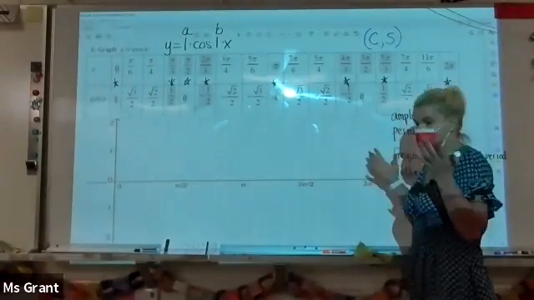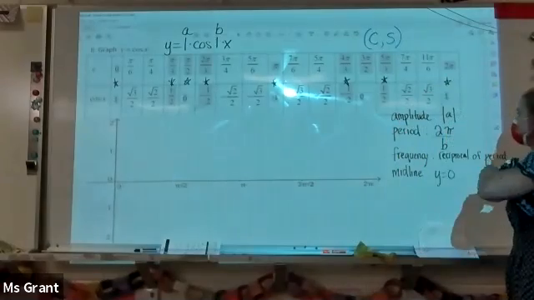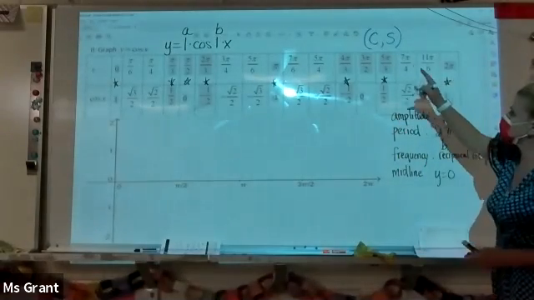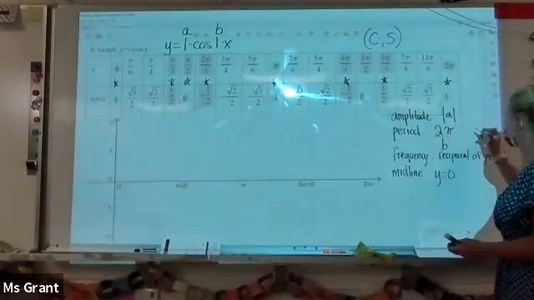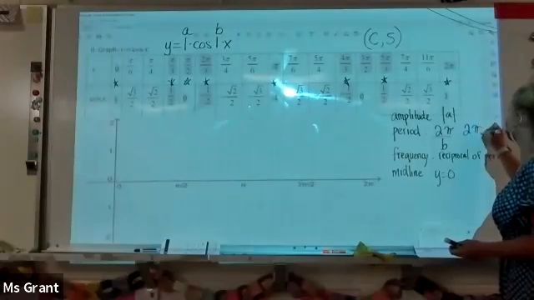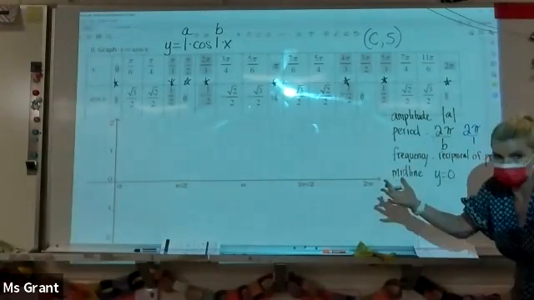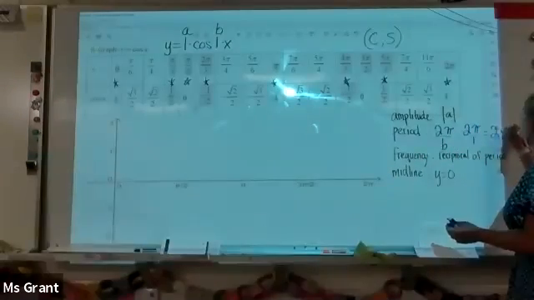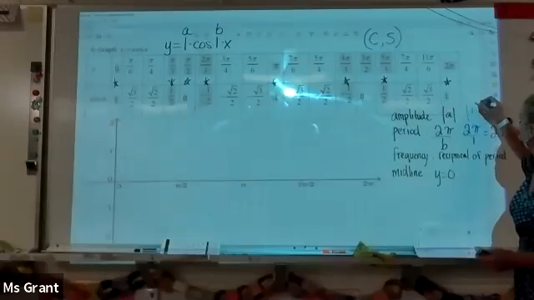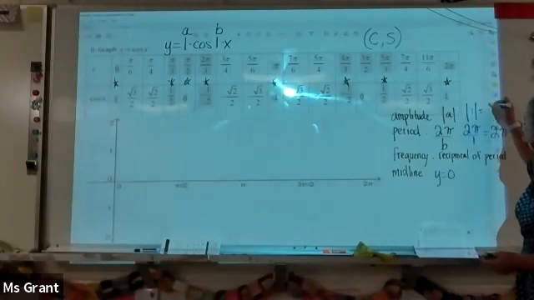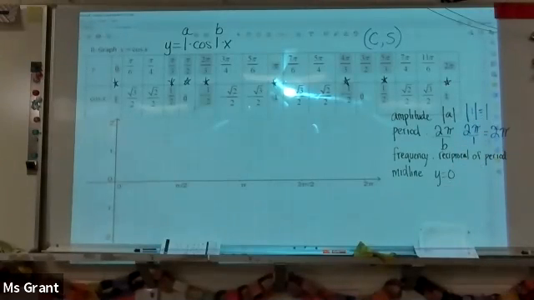I got that, but how did I know that? Well, my A and B are both 1, so my period is 2 pi over 1. So it's just 2 pi. Then my amplitude is going to be the absolute value of 1. I made my 1 super teeny tiny.